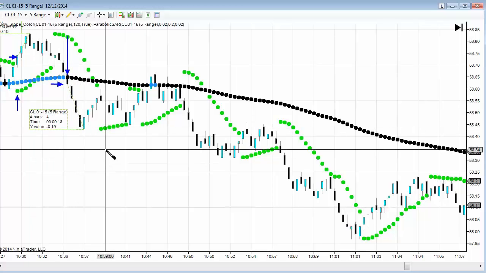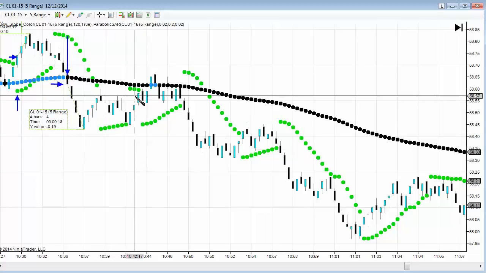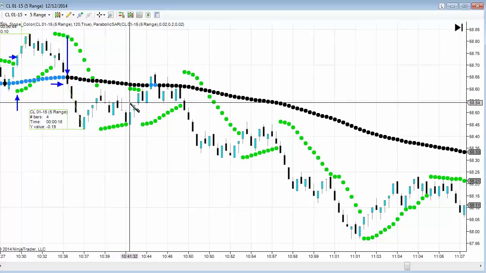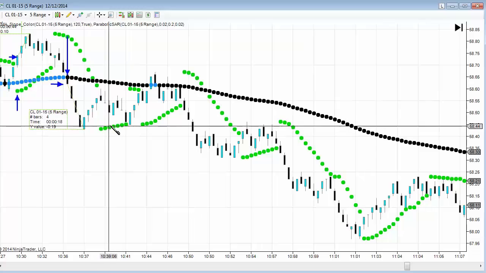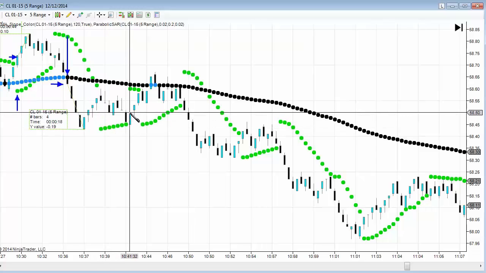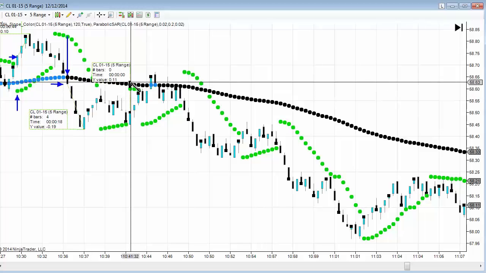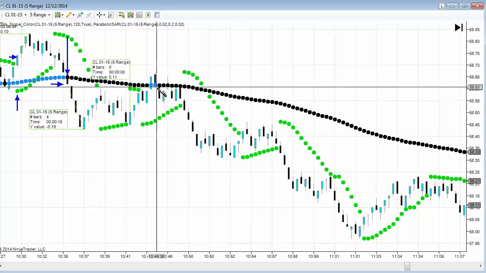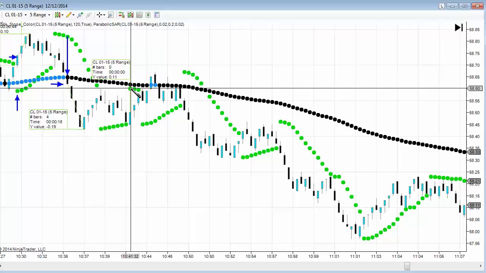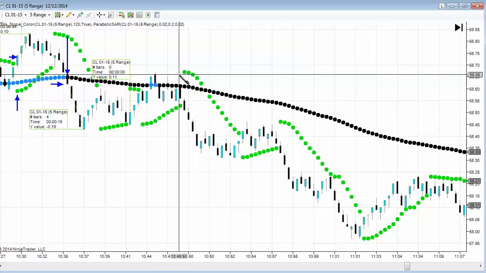Now here's where it gets really interesting. If we have a shift from above to below and below to above, we can use the parabolic SAR as a stop. We can use that as an area to say, that's as much risk, that's as much heat as I'm willing to take on there. So there's kind of two options. Here's a great example.